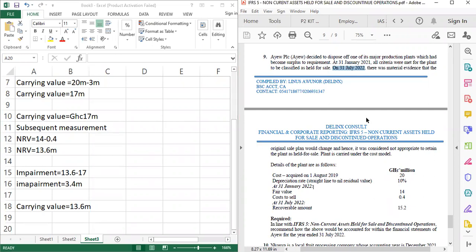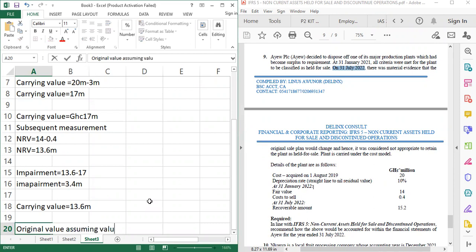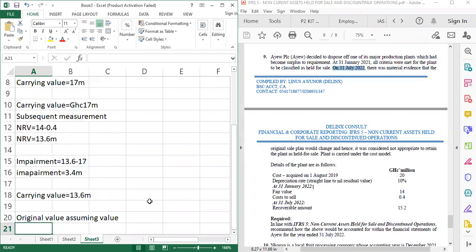So from August 2019, the time that we bought the assets, to July 2022, the time that we are saying that we are no longer going to classify it as held for sale, how many years is that? It's 3 years.